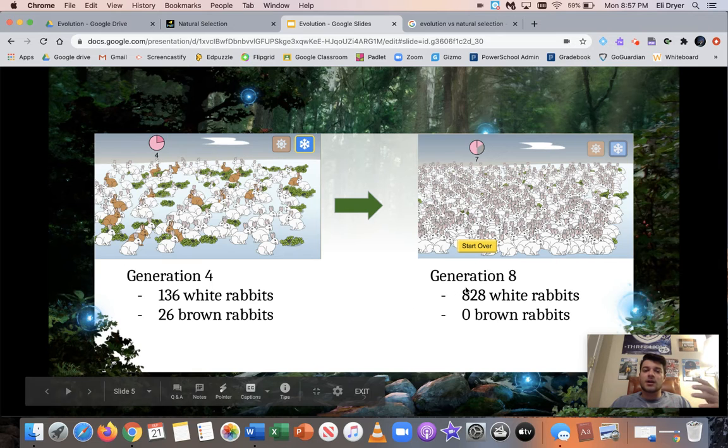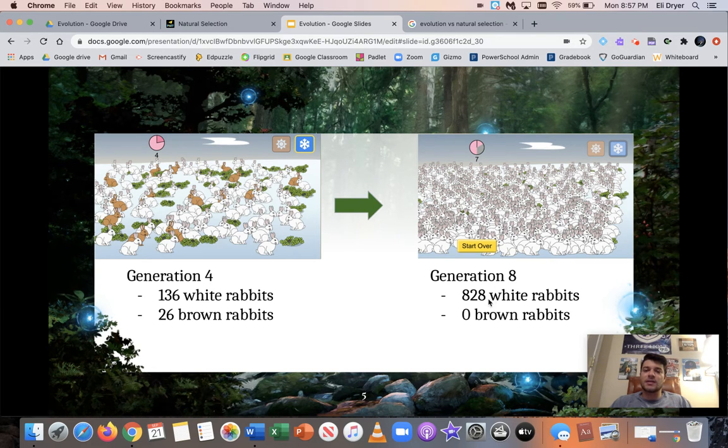And then over a couple of generations, during generation 8, we had 828 white rabbits. Your simulation said that they took over the world. And why was that? Well, it was because the white rabbits blended into their environment. They had a trait that allowed them to camouflage in the environment, and so they were able to survive from hunting, reproduce, and pass that trait along to their children.